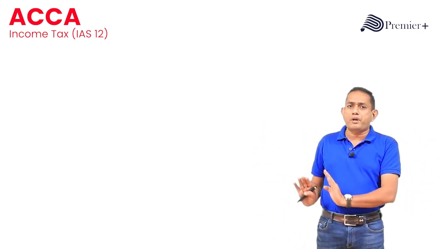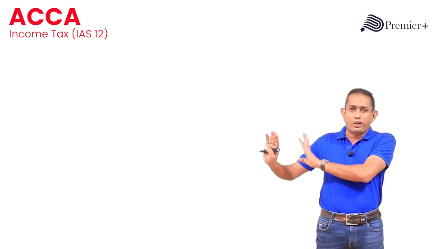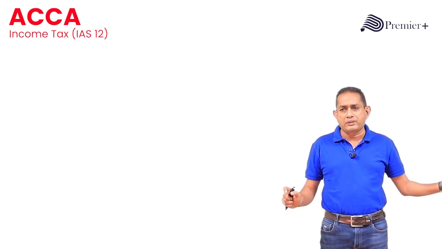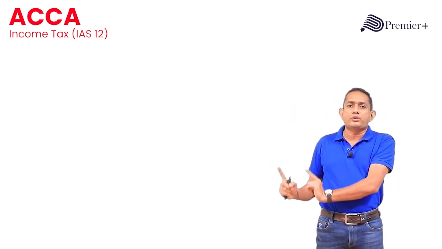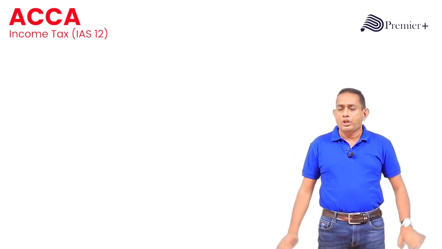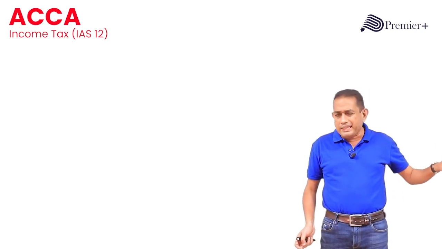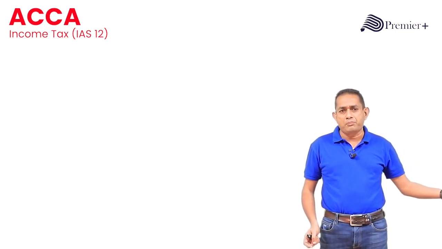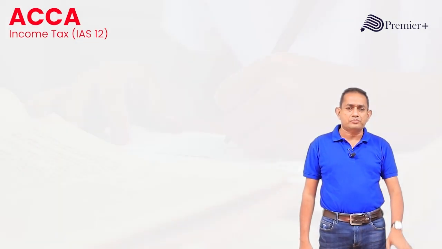And taxable profit has to be another profit calculation done elsewhere. It has got nothing to do with the accounting profit calculations, and that is exclusively based on the tax law in that particular jurisdiction. So throughout our discussions of IAS 12, we will keep talking about accounting profit. Also, we will keep talking about taxable profit.